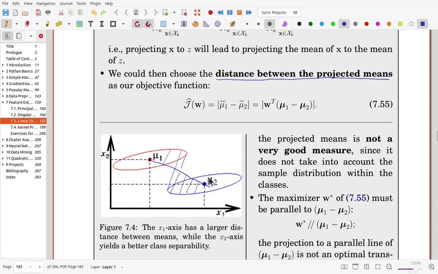So this projection is not really effective. Originally, these two are separated. However, after projection, they overlap. So the projection is not really good.